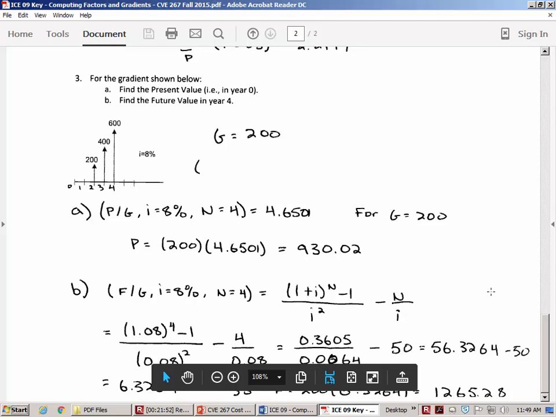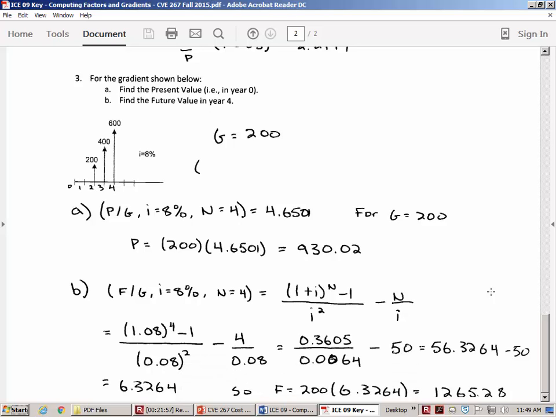So on the front side of the paper, you can get the equation for F/G and calculate the factor by substituting in i and N into the formula. And so the factor, when you do all the substitutions, is going to be 6.3264. So the future amount will be G times the factor. G is 200. The factor that you calculate is 6.3. And therefore, it is 1265.28.